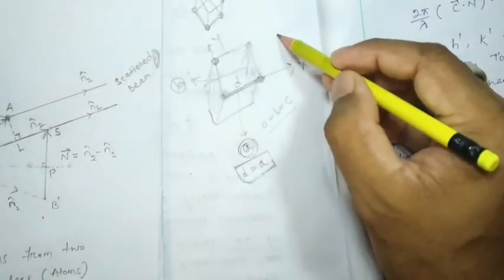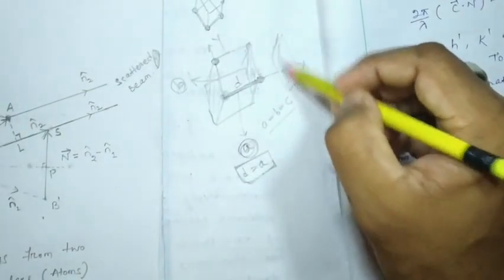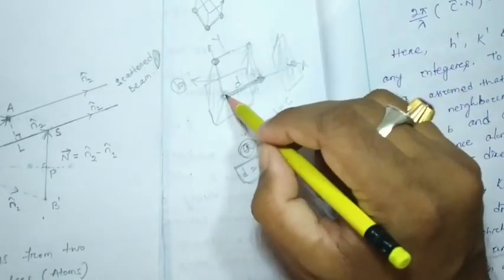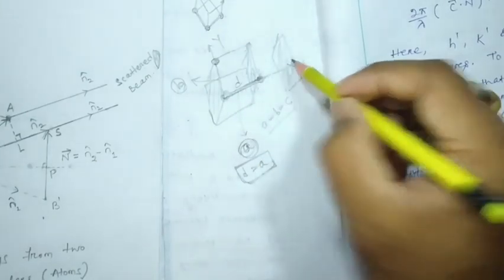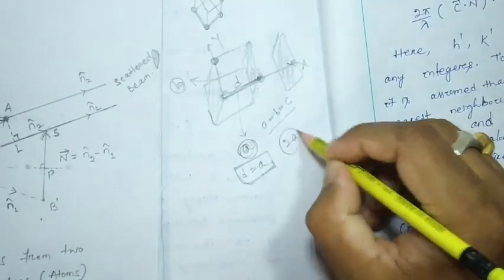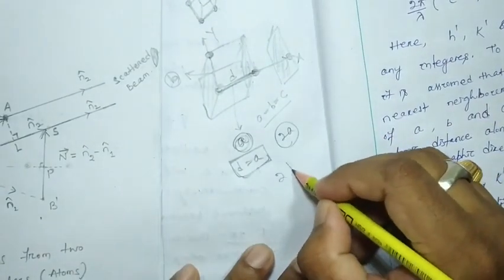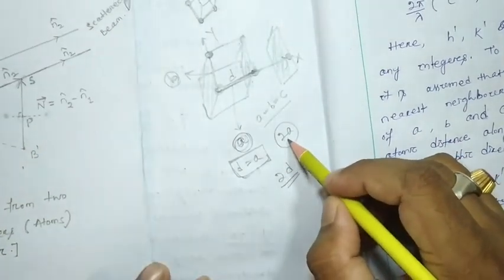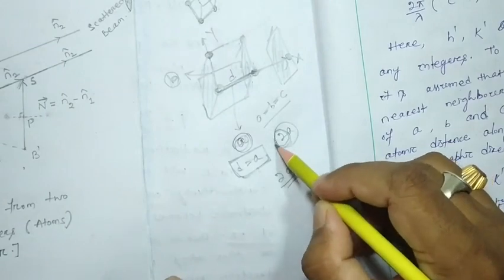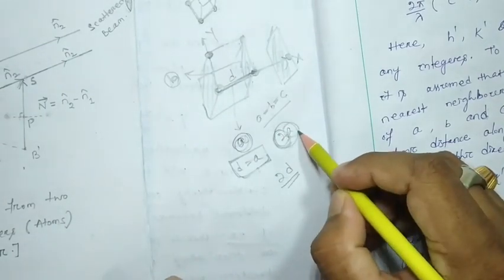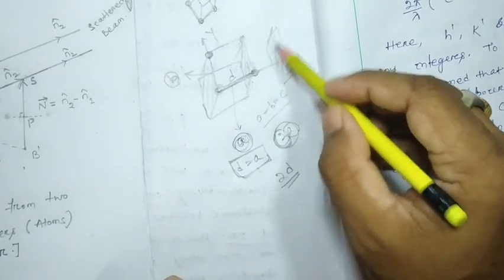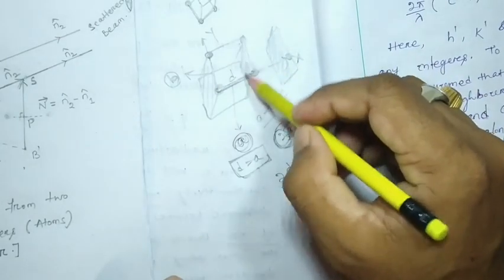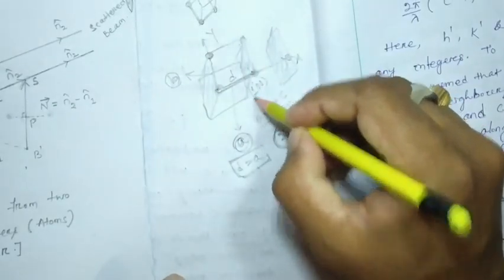Suppose we consider another plane over here, with another atom here. The distance from this atom to this atom will be 2A, or we can say 2D. That is why we multiply by an integer n, giving nA. Suppose this plane's Miller indices are 1 0 0, right?